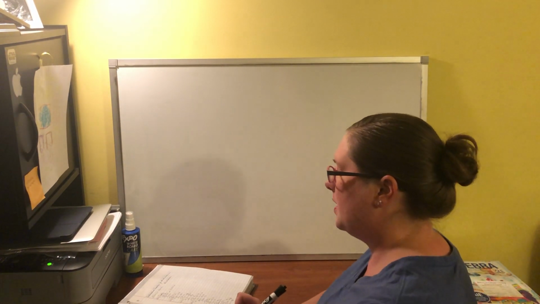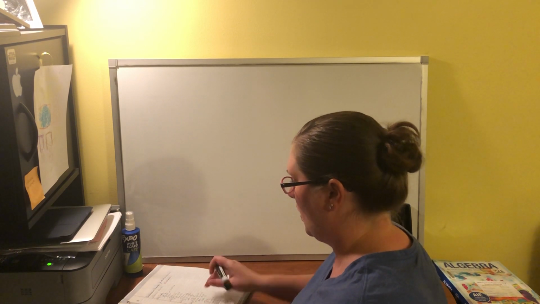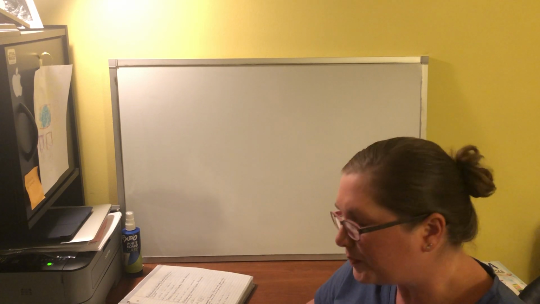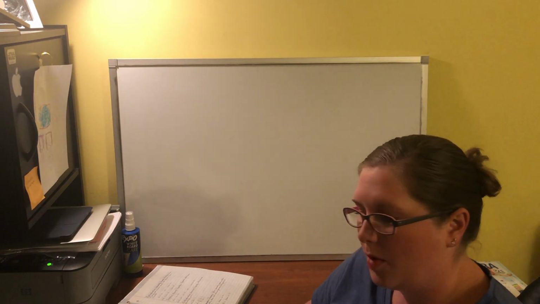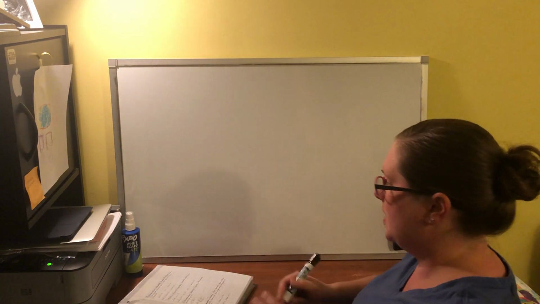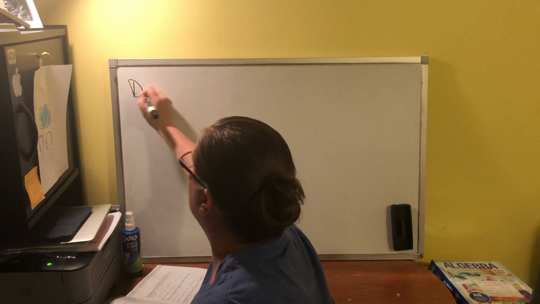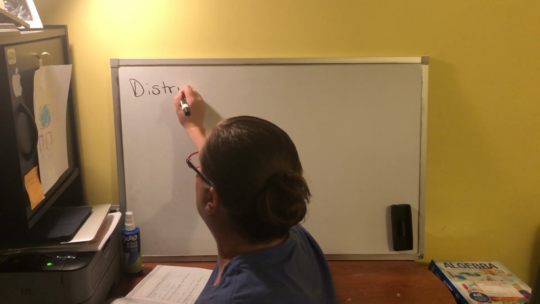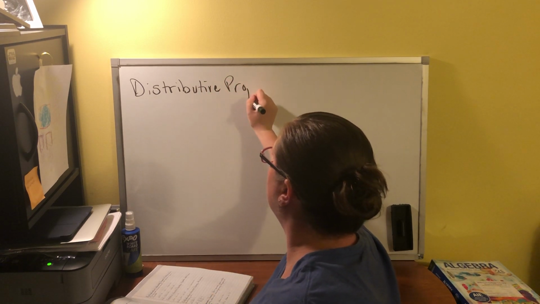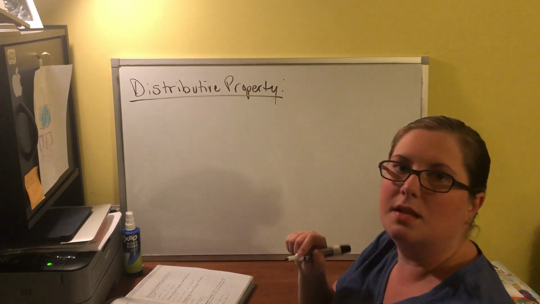The property that we do need to talk about though, that you're going to see a lot of in the rest of our chapters, is called the distributive property. This property is a type of multiplication property. So this one is important. And all of this is in the notes as well.